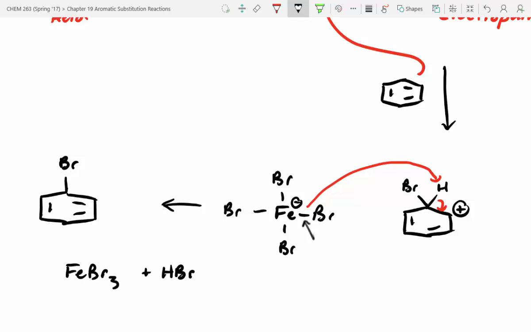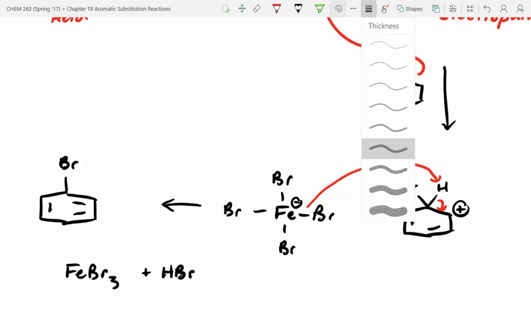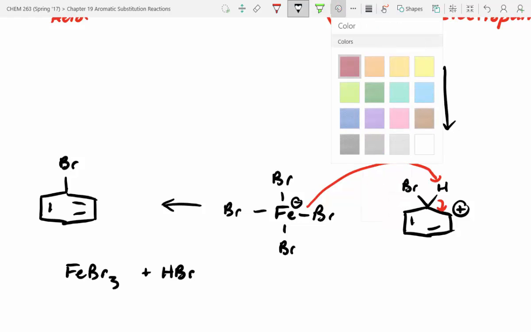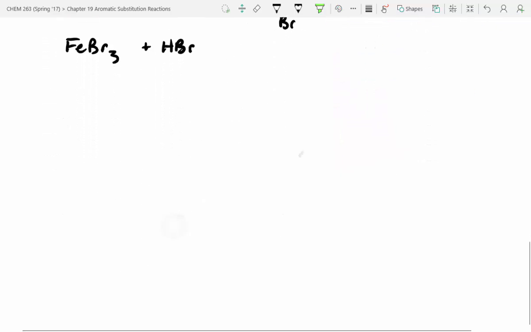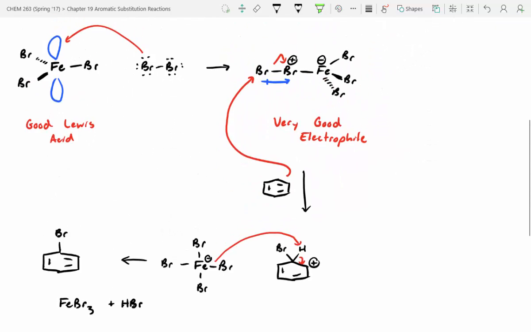All right, let's do the same thing with chlorination. And at this point, you guys should be capable of figuring out this one on your own.